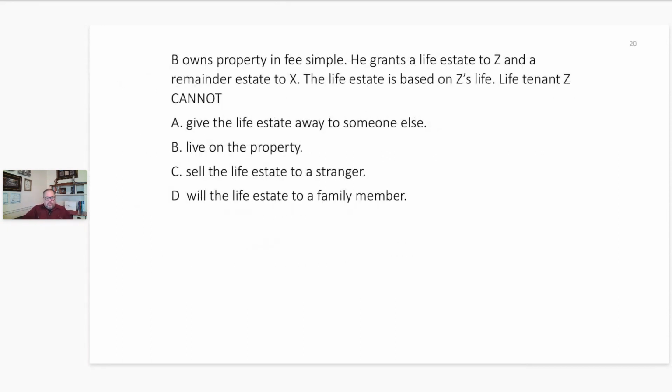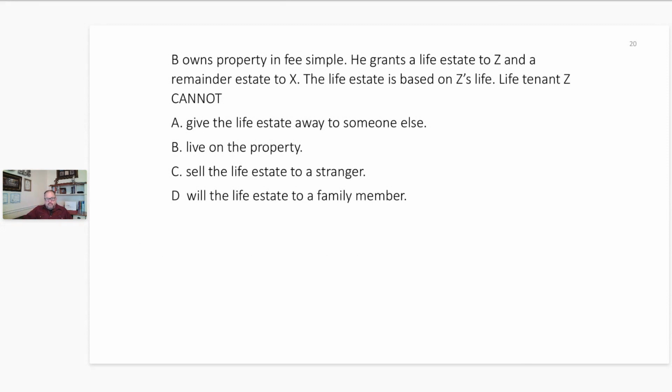So when we say B owns property fee simple and grants a life estate to Z and a remainder estate to X, which means X is going to get the property. In other words, they're in line for the property after Z expires. The life estate is based on Z's life. So life tenant Z cannot give the life estate away to someone else.